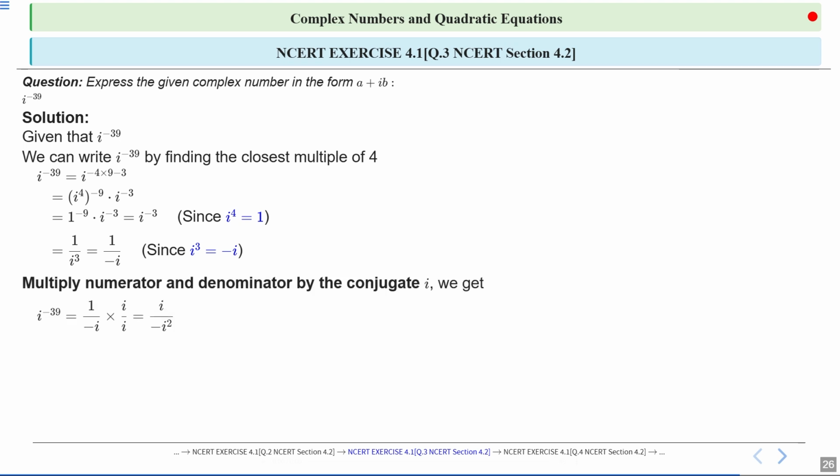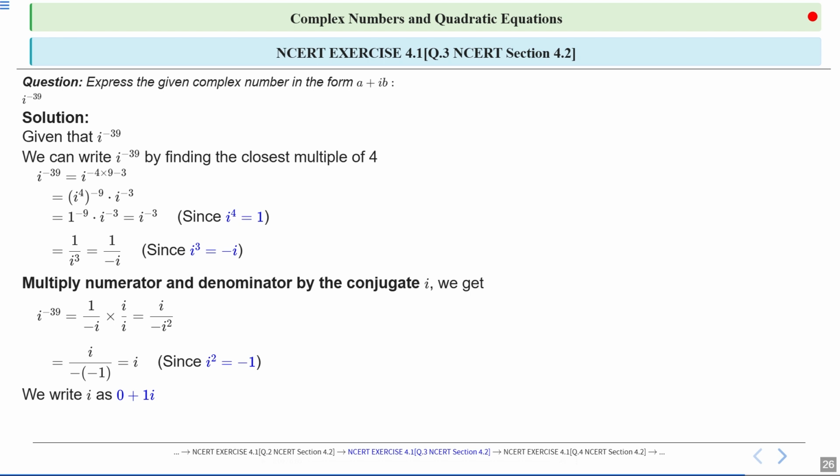Now multiply numerator and denominator by iota, so we get 1 divided by minus iota times iota divided by iota, which is equal to iota divided by minus iota square. And since iota square is minus 1, we substitute and get iota divided by minus of minus 1, which equals iota.